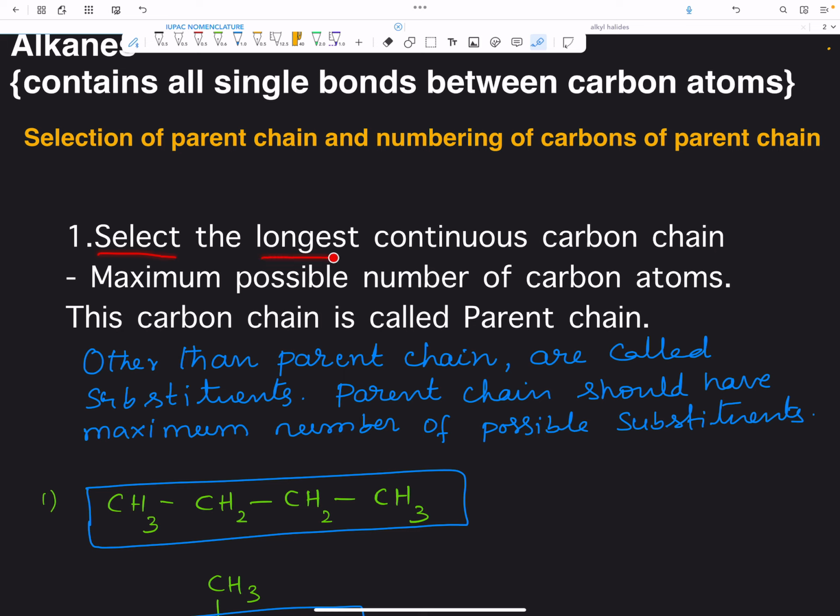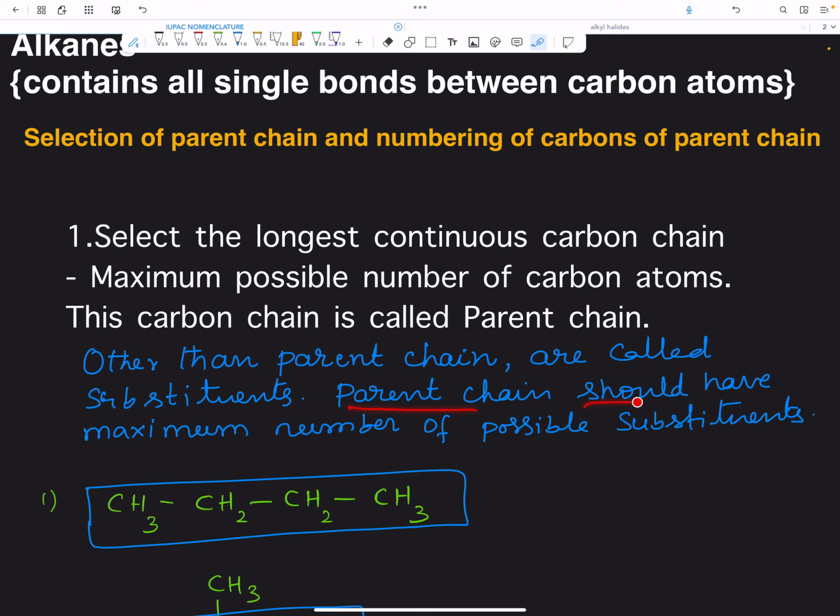Select the longest continuous carbon chain with a maximum possible number of carbon atoms, and this carbon chain is called parent chain. Other than parent chain, remaining are called substituents.